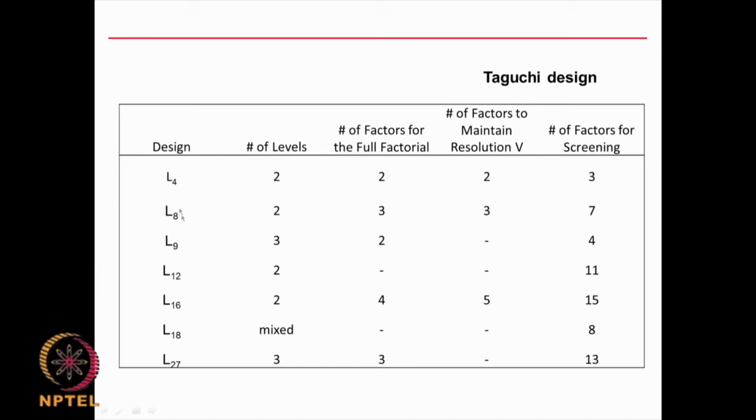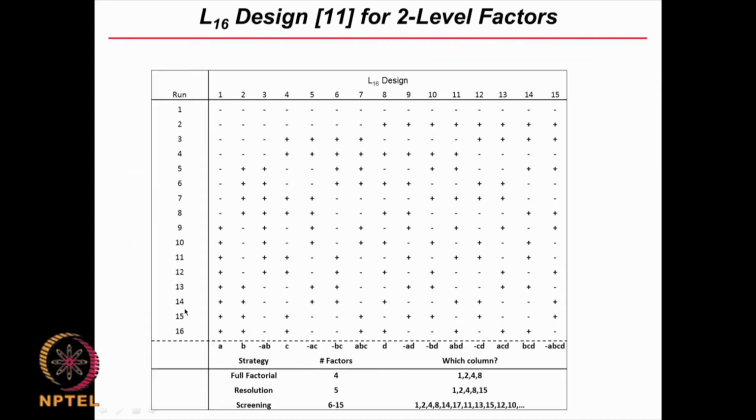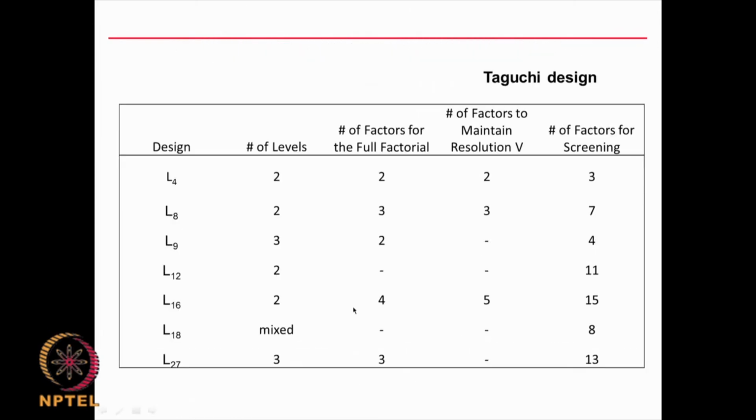Then just like L4, L8, L9, L12, you also have the L16 table. There are 16 runs. This indicates the number of runs, you have 16 runs here. I can do a full factorial, 2 raised to the power 4, that is 2 into 2 into 2 into 2.